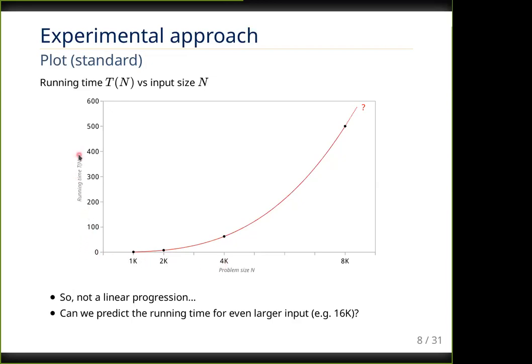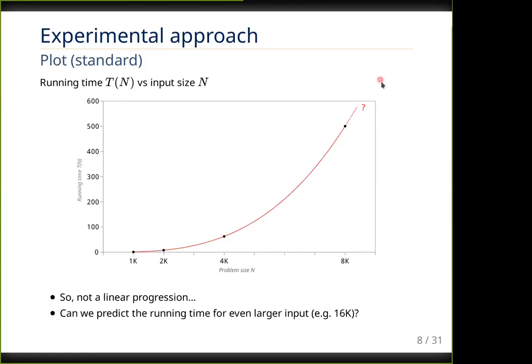And on the y-axis, I have the running time in seconds. So you see 1 second here, then 8 seconds, then 60 and some seconds, and then 500 seconds. So I definitely have a curve, which is not a linear curve, as you can see.